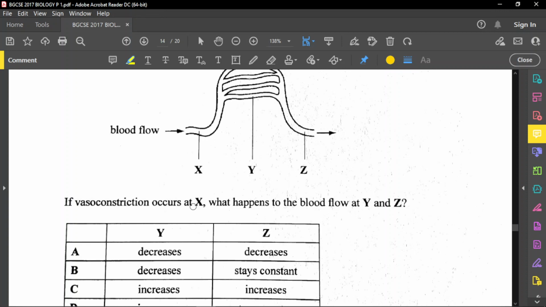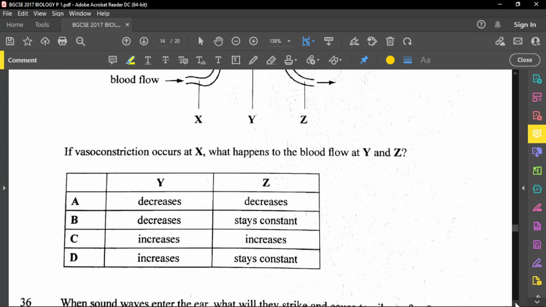If vasoconstriction happens at X, which means the blood vessel here becomes narrow, what happens to the blood flow at Y and Z? At Y, you have less flow of blood. You're going to have a lower flow of blood.